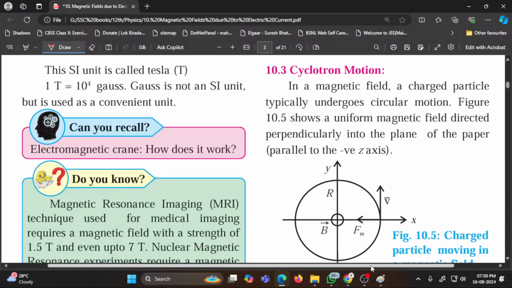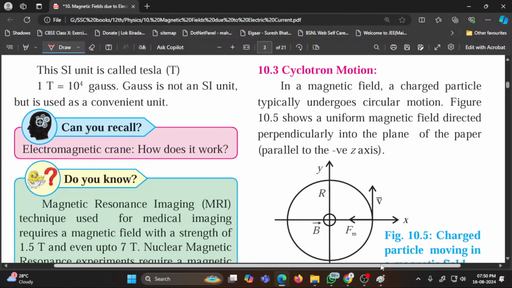Cyclotron motion. What is a cyclotron? In a magnetic field, charged particle typically undergoes circular motion. Figure 10.5 shows a uniform magnetic field directed perpendicular into the plane of the paper.